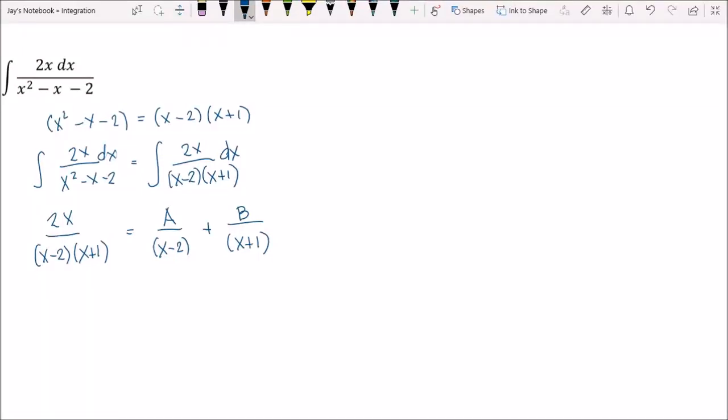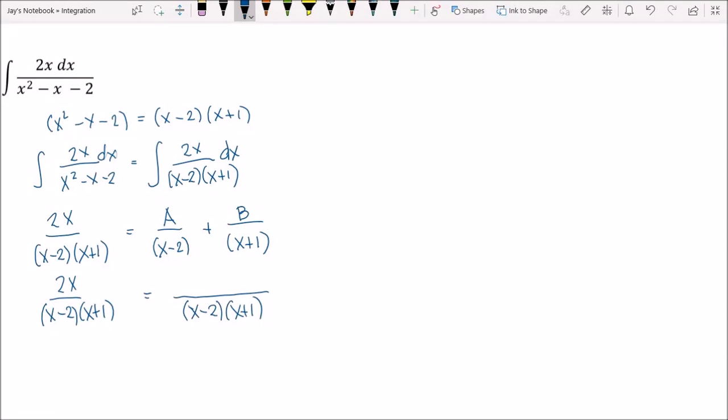So how are you going to do that? Apply algebra operations. We know that 2x over x minus 2 times x plus 1 is equivalent to A over x minus 2 plus B over x plus 1. If we get the common denominator, it is x minus 2 times x plus 1. Then you add the two fractions.